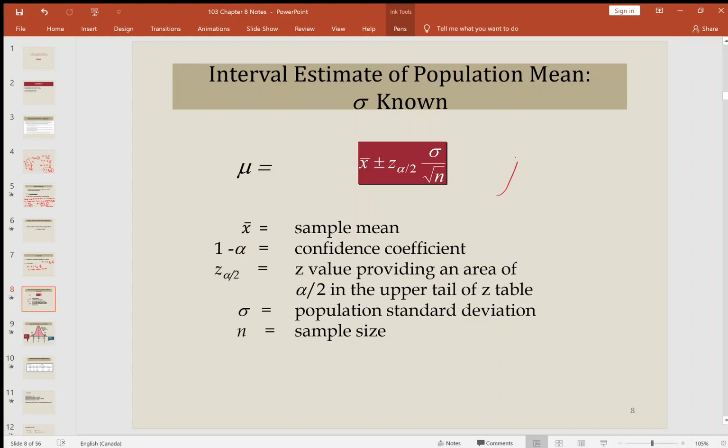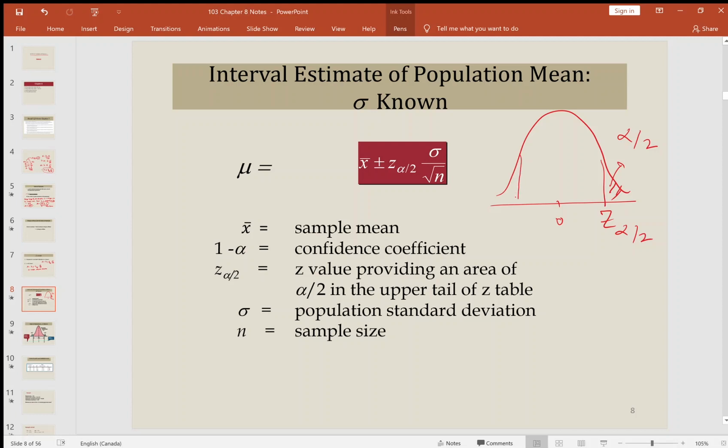You know that when we have the standard normal distribution, the mean value is 0, and let us say we have some positive z-score here. The area on the right hand side is alpha by 2, and this z-score is called z alpha by 2.